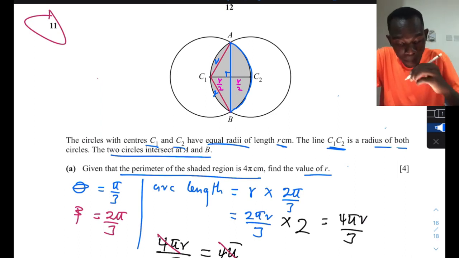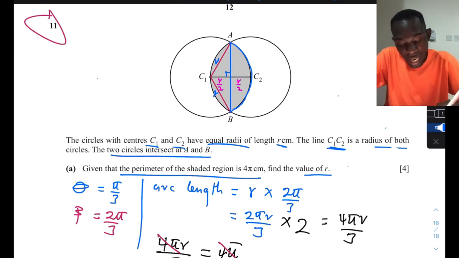What I'm saying is that if I know the area of this sector AOB, this whole thing, that would be great, because I can find the area of this triangle and subtract, so that I'll get only this portion.